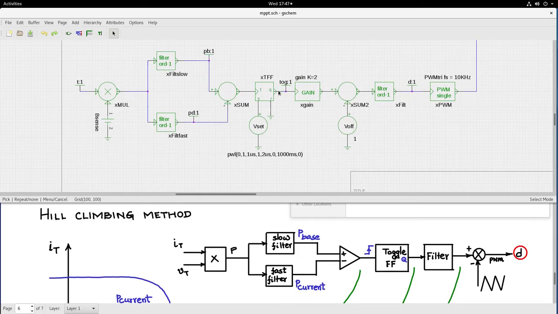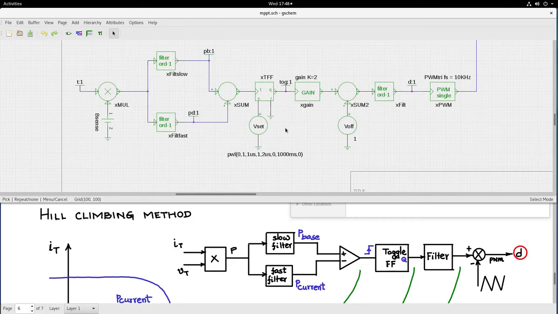Remember that the toggle flip-flop gives an output from 0 to 1. I multiply by a gain of 2, so the output has a value from 0 to 2. I am now subtracting 1 from this, so it becomes -1 to +1. That is given to the input of the filter, and the output of the filter can swing at most between -1 and +1 limits, which goes to the PWM and to the duty cycle input of the buck boost converter.